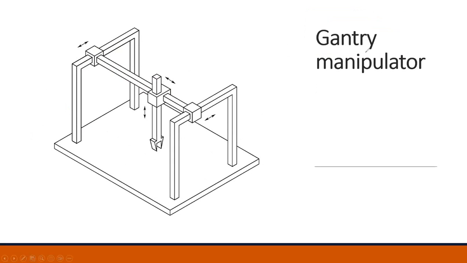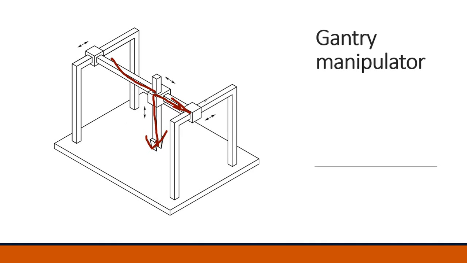We also have the gantry manipulator. Usually when you look at it at a shipyard or some location, you just move your location left or right, and up or down.